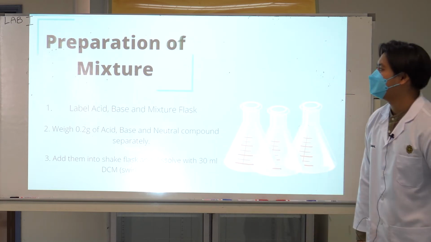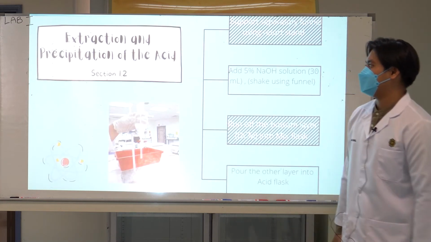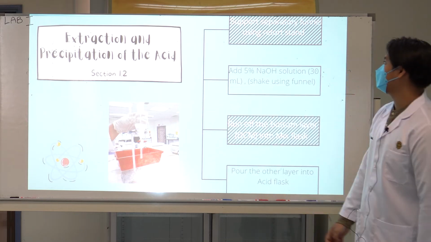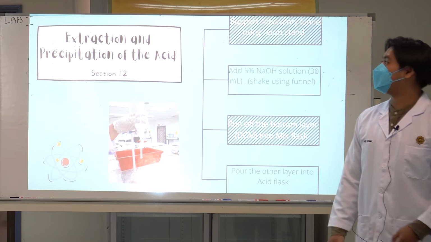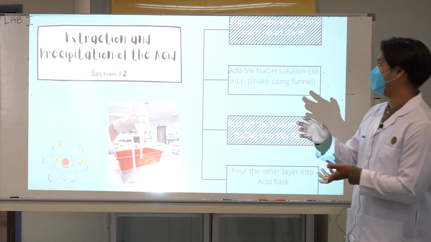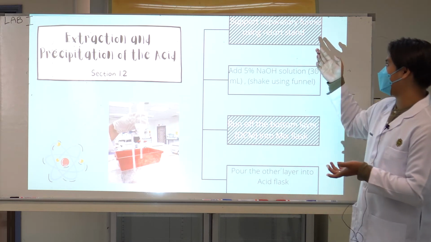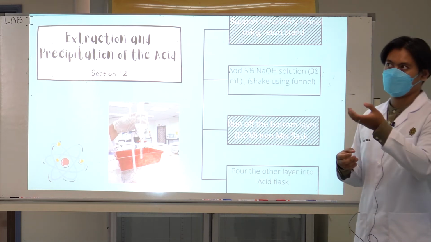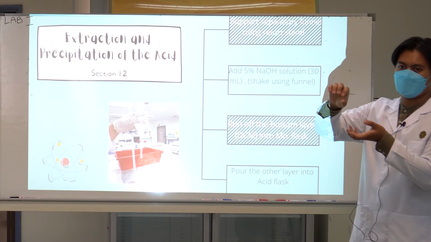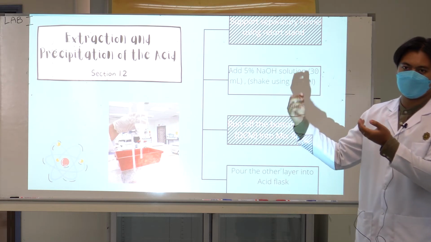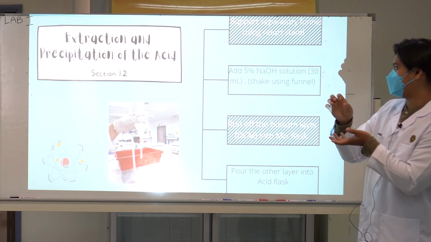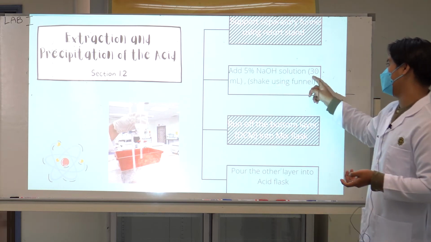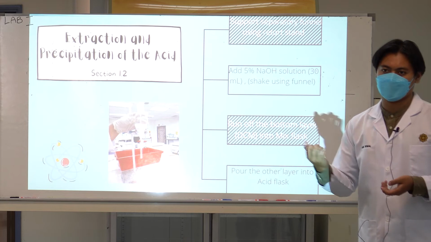Okay. The first section is extraction and precipitation of the acid. First, we need a retort stand to support a separatory funnel. Then we put the mixture into the separatory funnel and add 5% sodium hydroxide solution, 30 ml, and shake it vigorously.